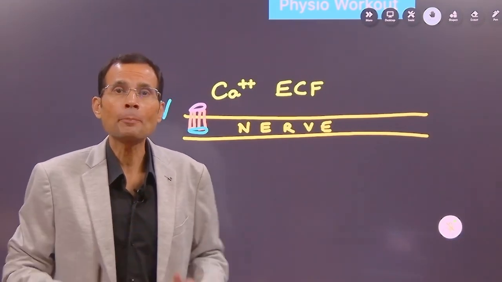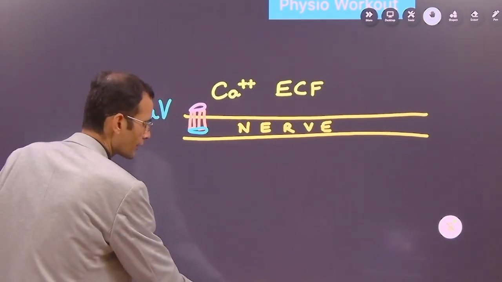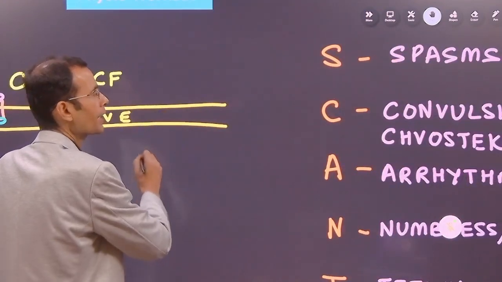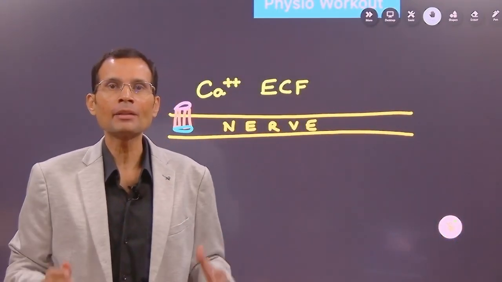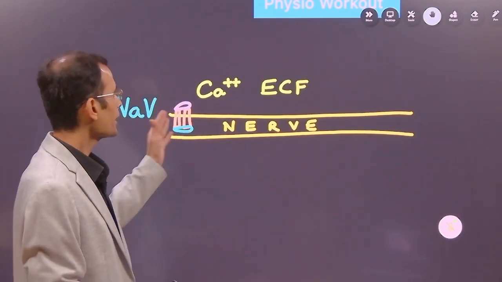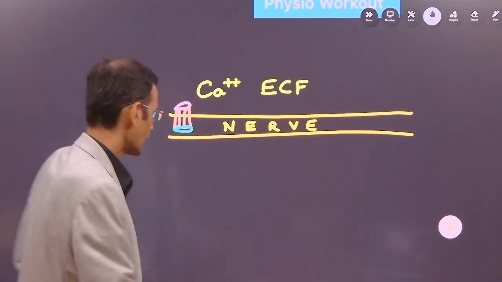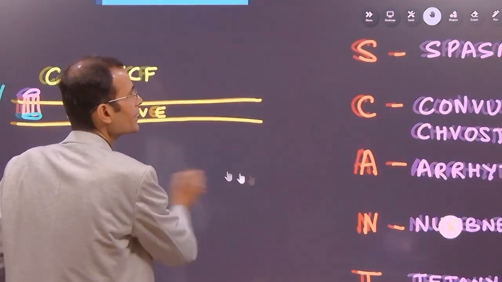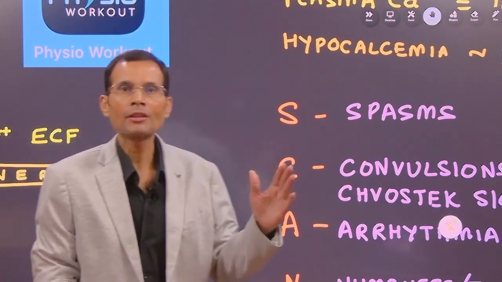So we call it hyperexcitability of the nerve, and most of the manifestations of hypocalcemia are because of the hyperexcitability of the nerve resulting from unstable behavior of the sodium channels. Now that being said, let's see the manifestations with the help of our mnemonic.